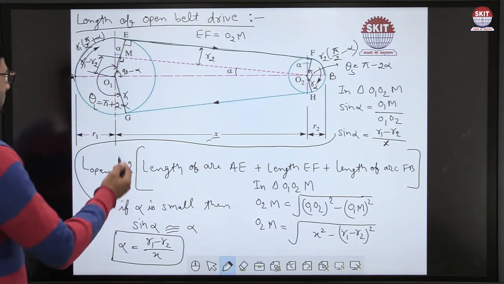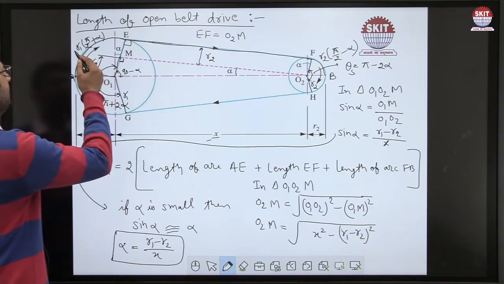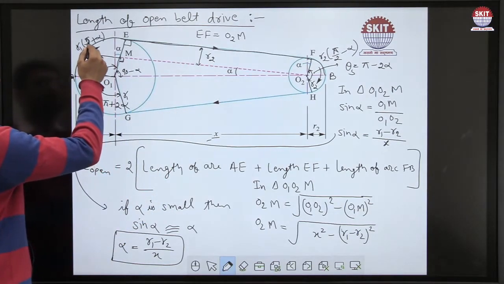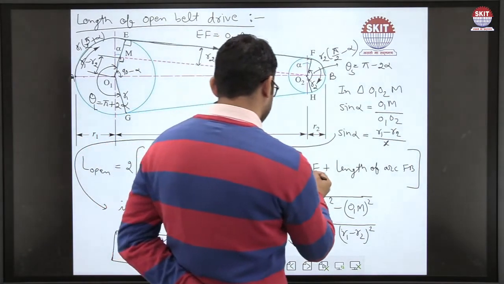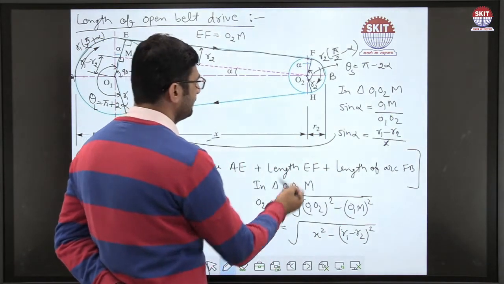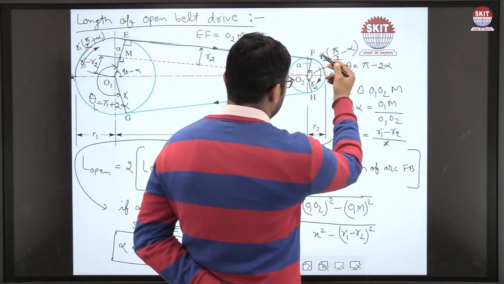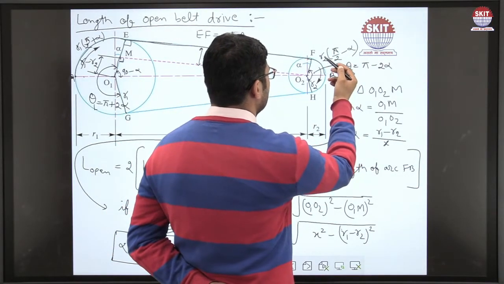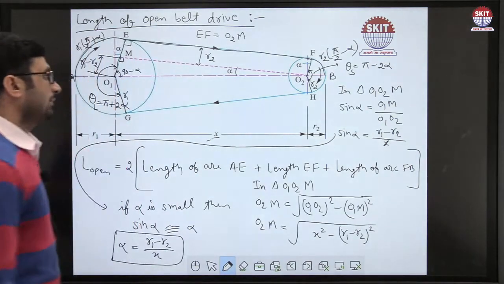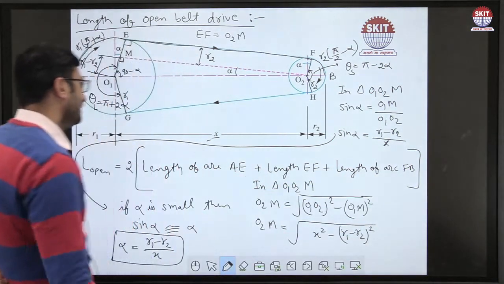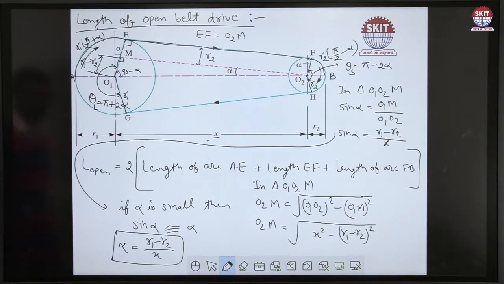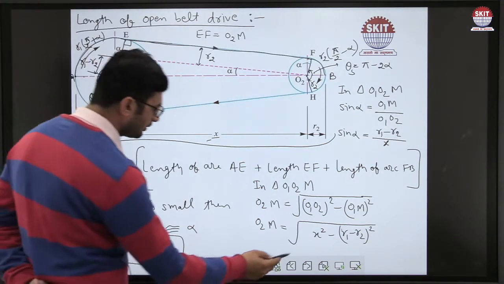And with all these values, the length of arc AE is R1 multiplied by pi by 2 plus alpha, the length of EF is equal to O2M, and the length of arc FB is R2 multiplied by pi by 2 minus alpha. Put these in the equation and find the final formula of the open belt drive.